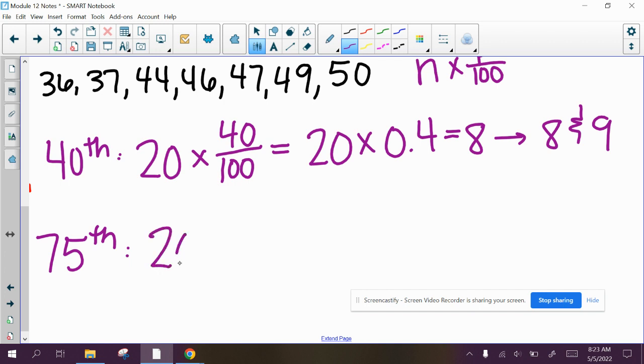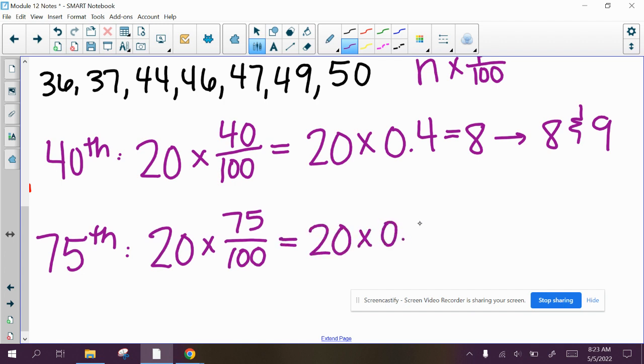That would be 20 times 75 over 100, which is equal to 20 times 0.75, which is going to give us 15. So we're going to take 15 and 16.